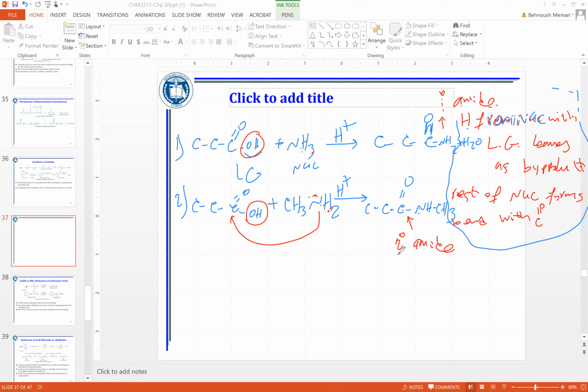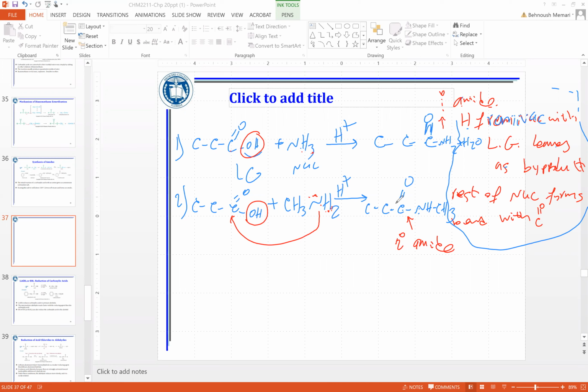See, it's kind of a step up. You start with carboxylic acid and ammonia, you end up with primary amide. You start with carboxylic acid and a primary amine, you end up with secondary amide.